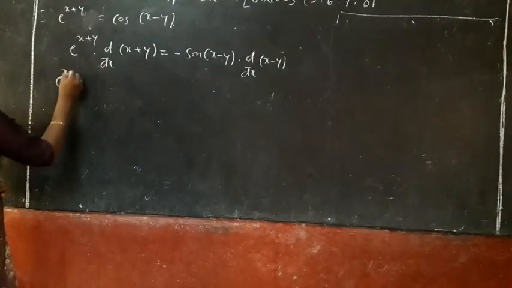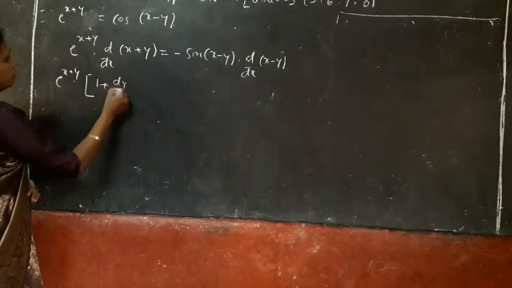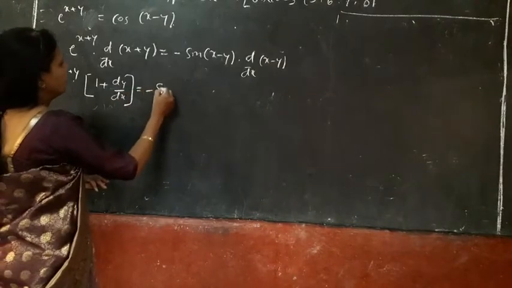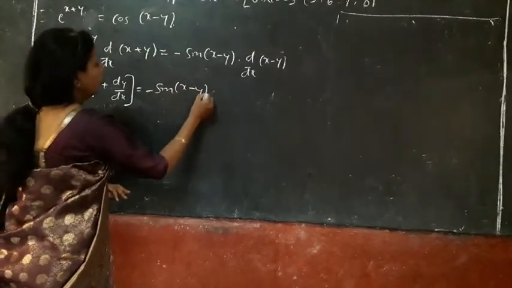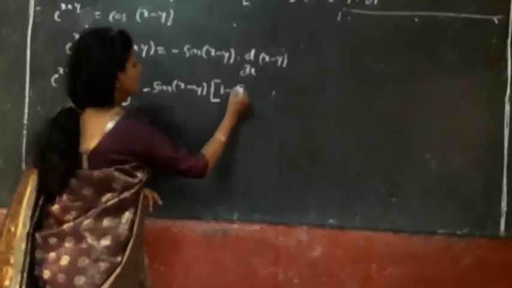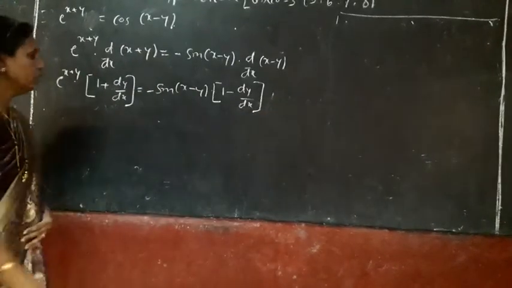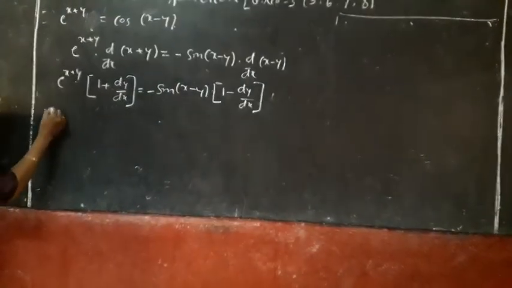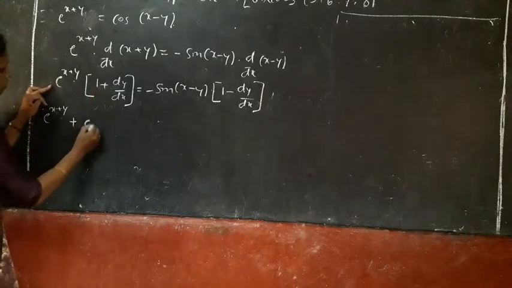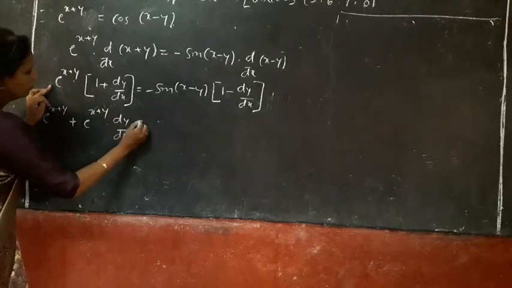Therefore, e raised to x plus y, differentiation of x is 1, differentiation of y with respect to x is dy upon dx, minus sin x minus y, differentiation of x is 1, differentiation of y with respect to x is dy upon dx. Now multiply this term, e raised to x plus y into 1 gives e raised to x plus y plus e raised to x plus y into dy upon dx.